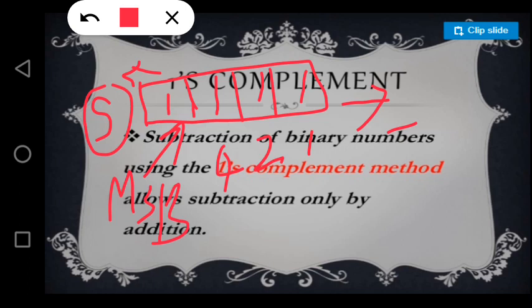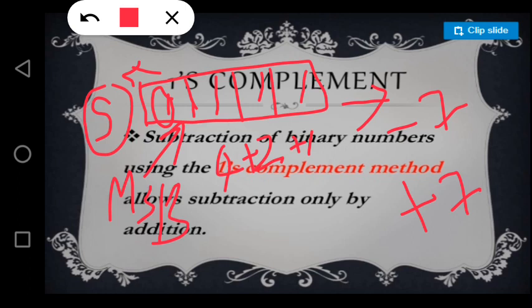Similarly, if the sign bit has 0, it represents a positive value. So in this case, I have a negative number, and 1 means 4 plus 2 plus 1, of course, minus 7. And if I have a 0 here, the range is minus 7 to plus 7.